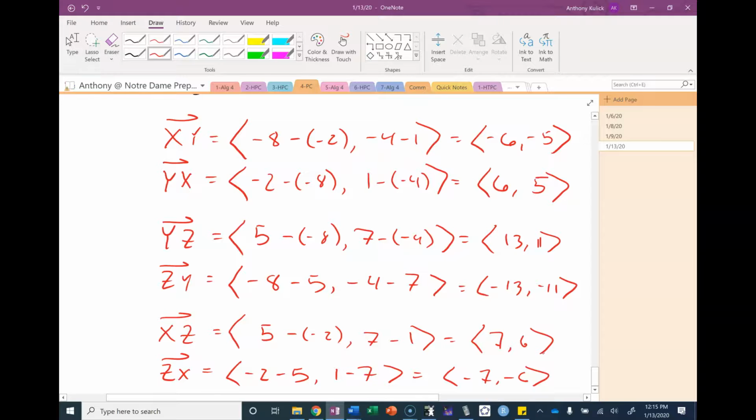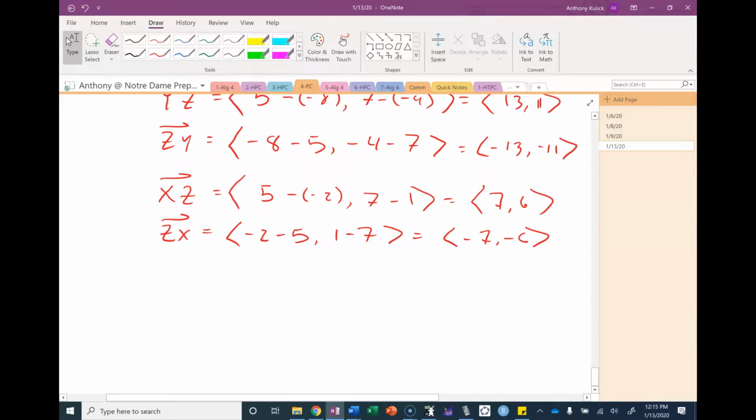So I have all of these now. So now I can calculate the side length. So I say, for example, side length xz is going to equal the magnitude of the vector xz, which would be 7 squared plus 6 squared. So 49 plus 36 is 85.